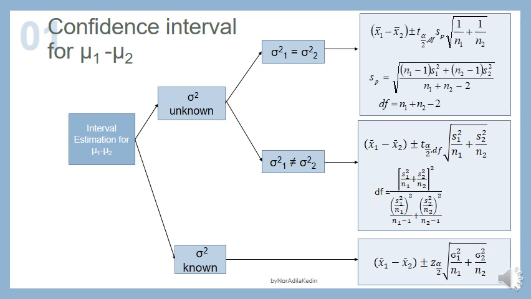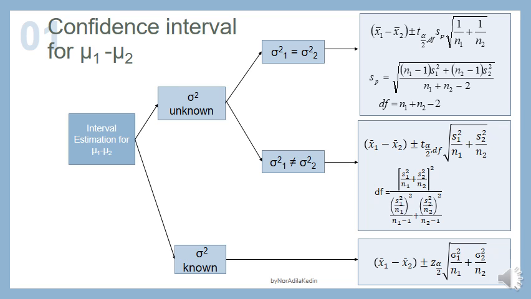Alright, so when you have a question asking you to construct interval estimation for two independent sample, tengok whether the population variance or standard deviation is known or unknown.